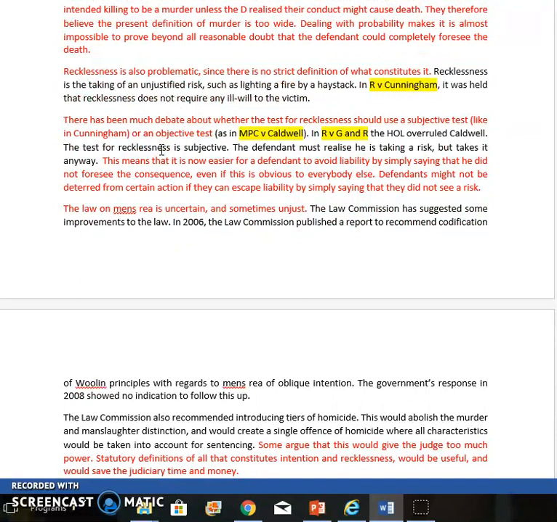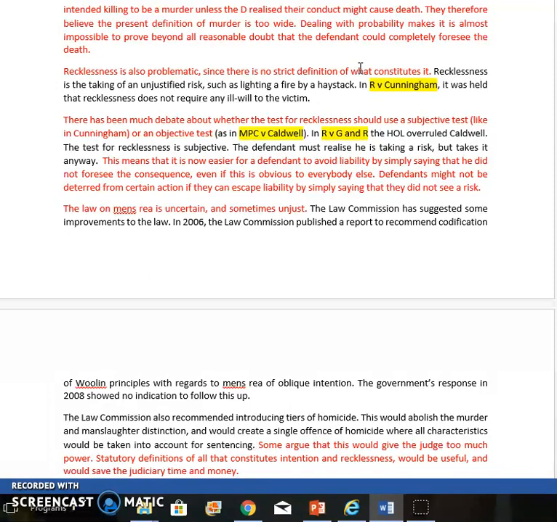I've then gone on to consider recklessness. Recklessness is also problematic. We know it's the taking of an unjustified risk. Classic example there, fire by a haystack. And we don't require any ill will to the victim. That comes from Cunningham. But we've not been that clear over the years about whether we should use a subjective test or an objective test.